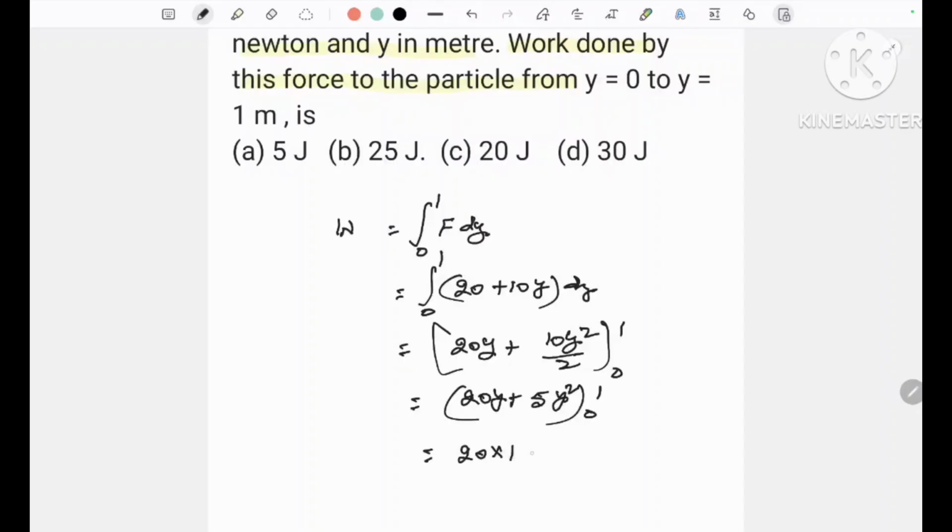So 20 into 1 plus 5 into 1 square, minus 20 into 0 plus 5 into 0 square.